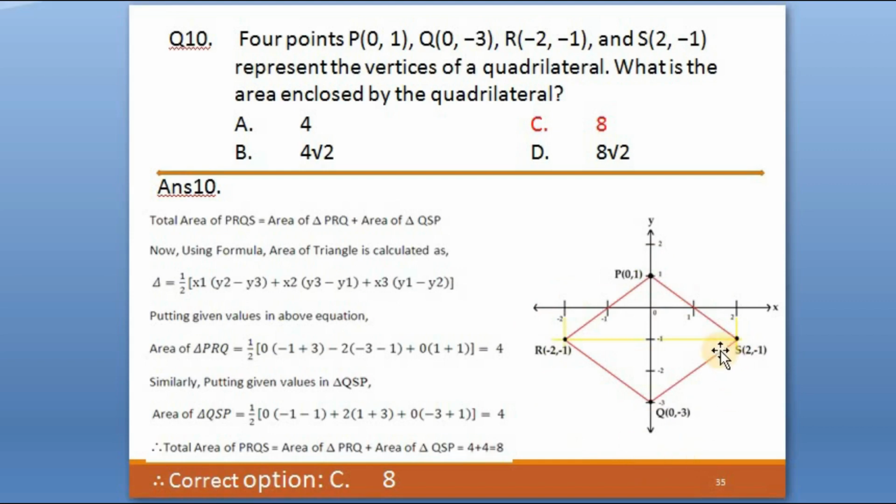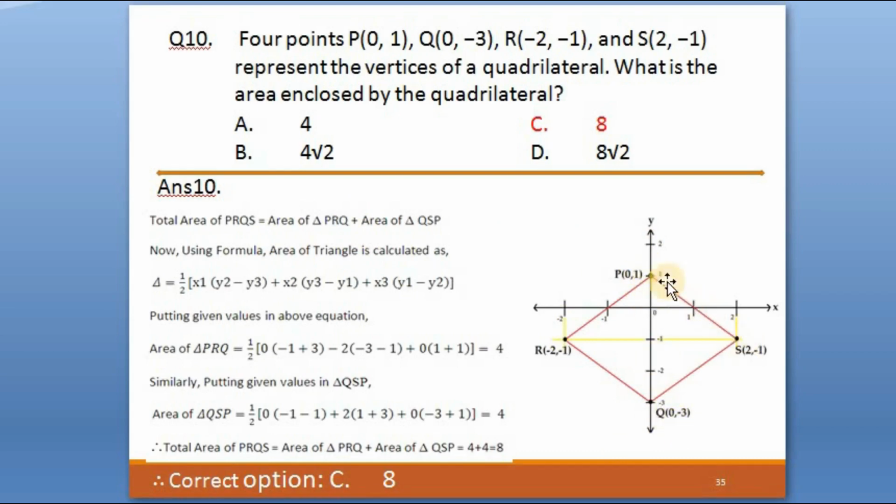Now since vertices are given, the best method is to apply the formula of triangles to calculate the area, right? So as you see here, the area of PRQS can be the area of triangle PRQ and the area of triangle QSP, right?